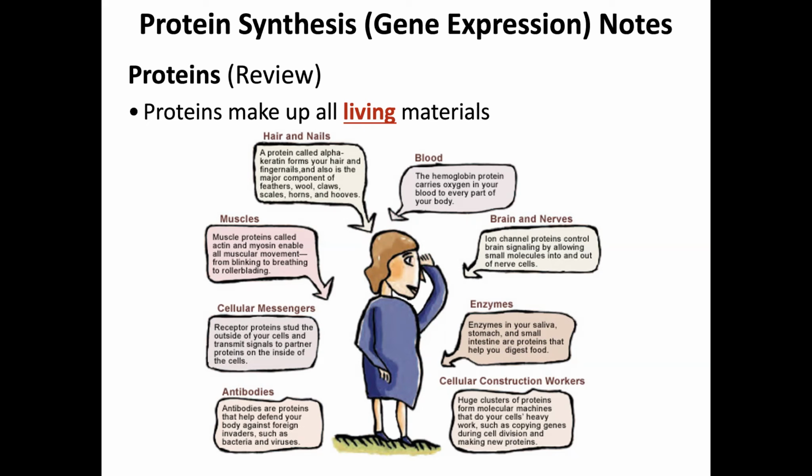If there's something wrong with your hemoglobin protein, then the ability of carrying oxygen in the blood is affected, and some serious diseases happen. If someone knows about hemoglobin, there's a common mutation that happens in some people.